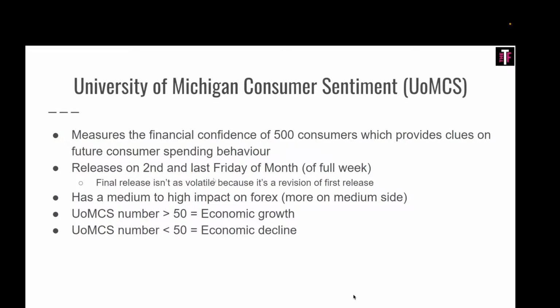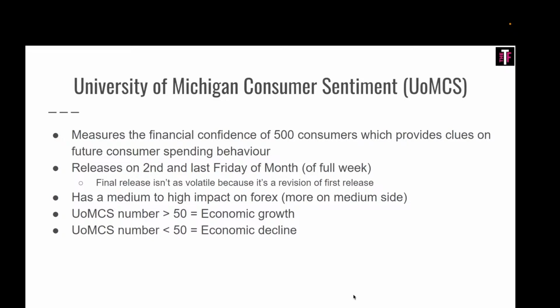And also, the final release isn't as volatile because it's a revision of the first release. The first release will be very volatile, and then the second release will have something to analyze from, and the forecast will actually be a lot closer that second time. So it's not as impactful, but it has a high to medium impact on Forex, more on the medium side.